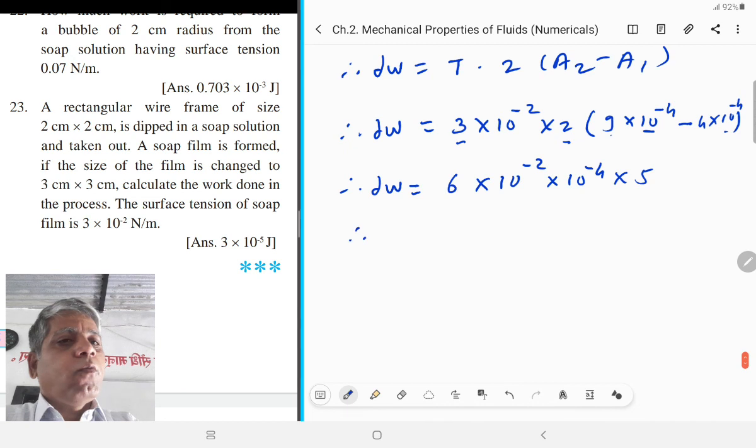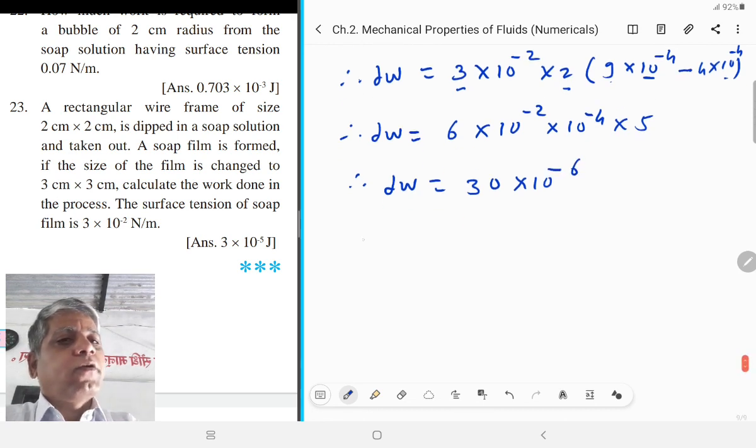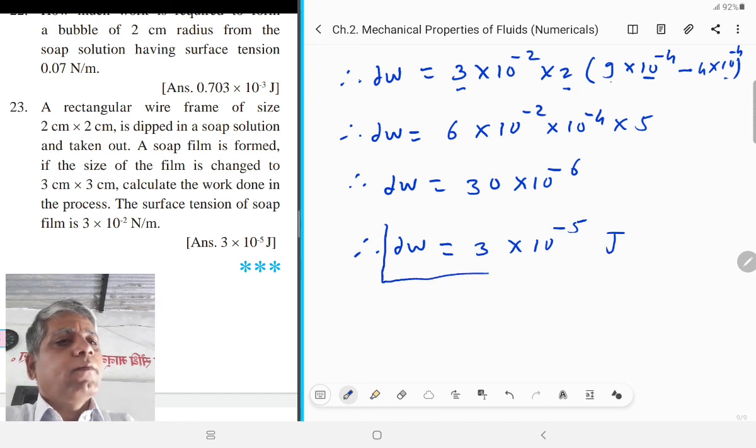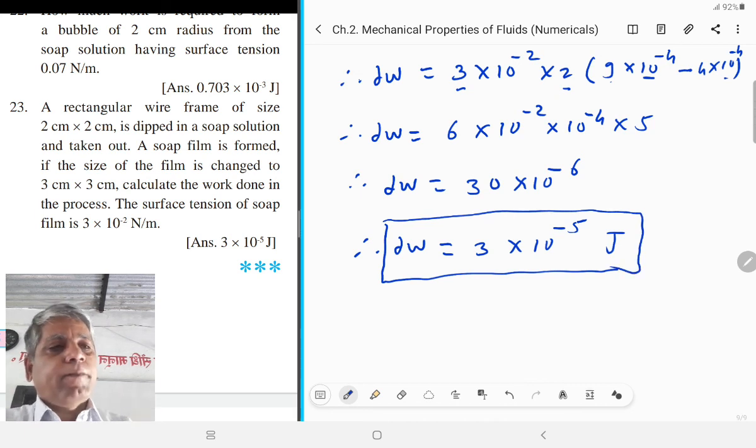Therefore, work done dW is equal to 30 into 10 raised to minus 6, and therefore work done is equal to 3 into 10 raised to minus 5 joule. This is our required answer.